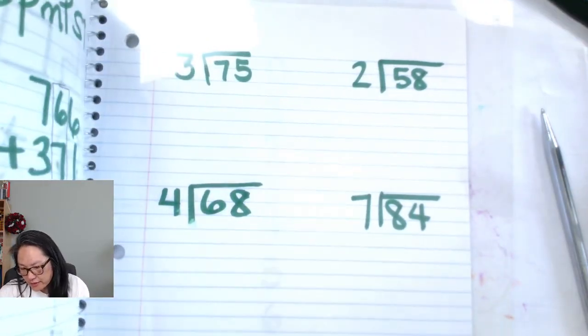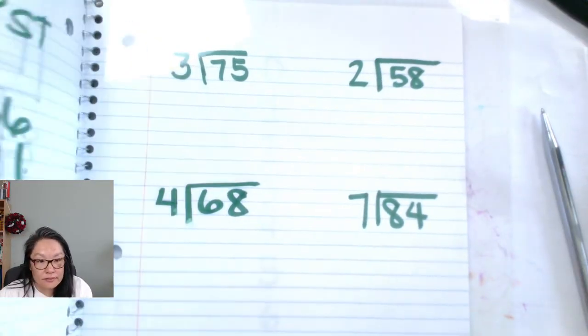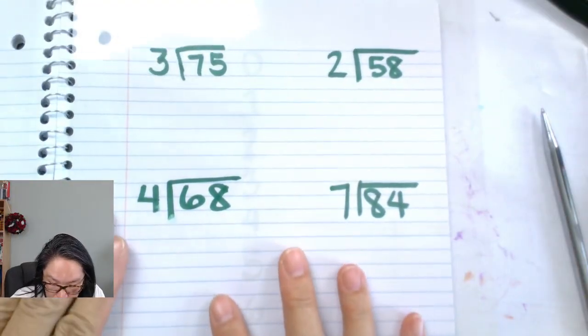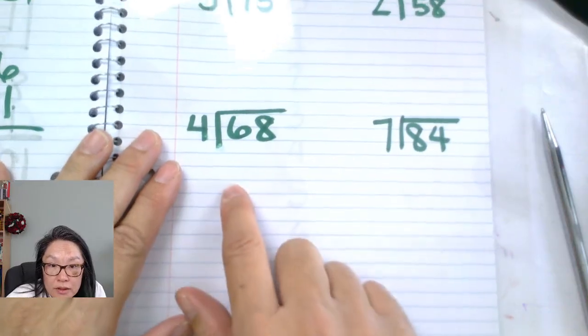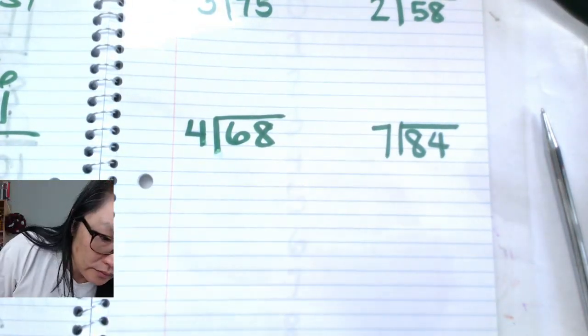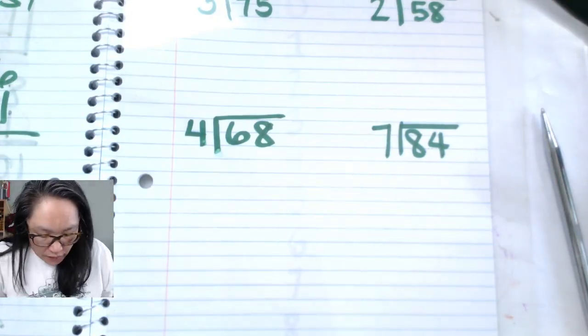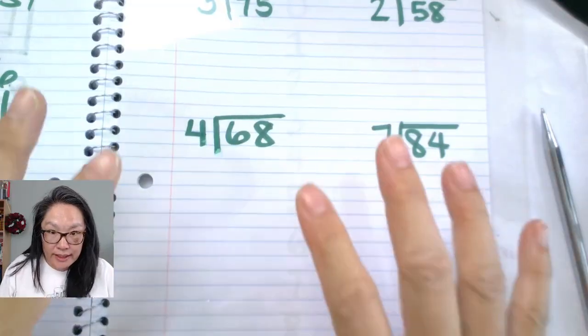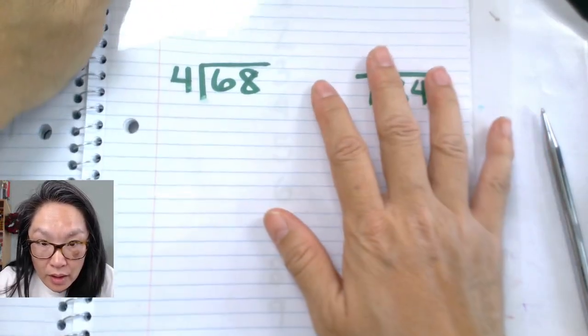Let's see if we can do this. Let's do that one. The first thing we're going to do is understand where we're going to put our number.